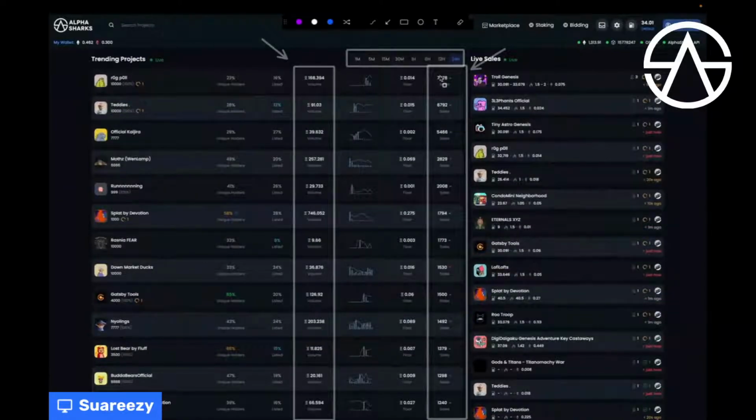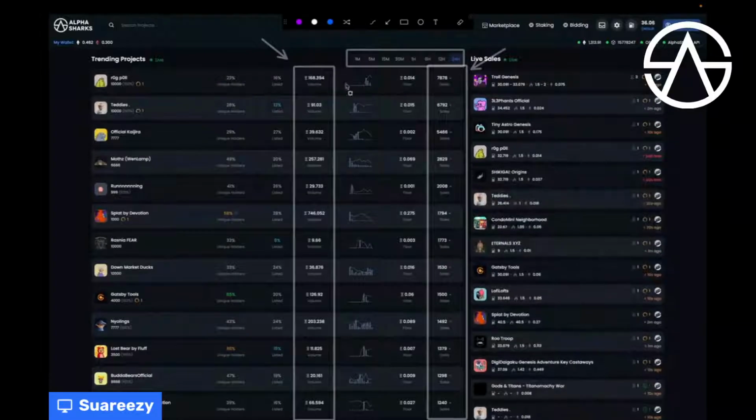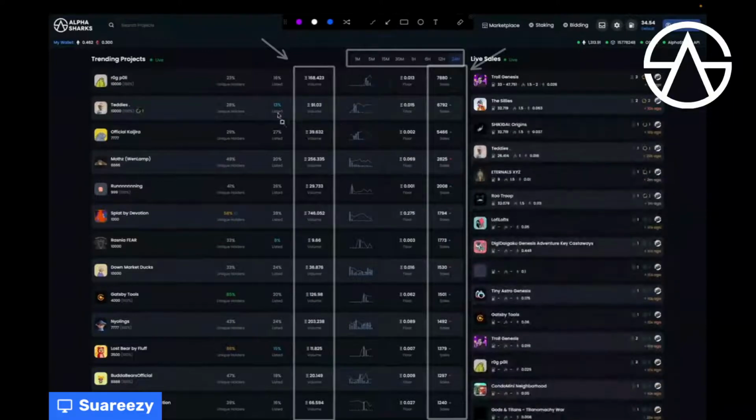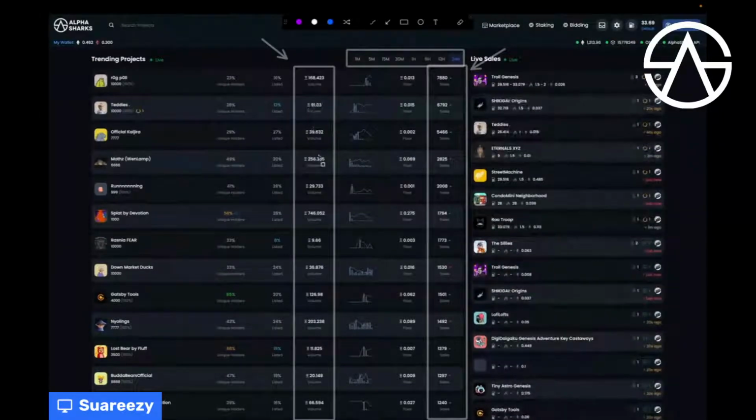Sales is a good indicator for demand, but not as great an indicator as volume. Having an indication of both or a combination of both is something we prefer, but something I really like to lean more towards is volume.